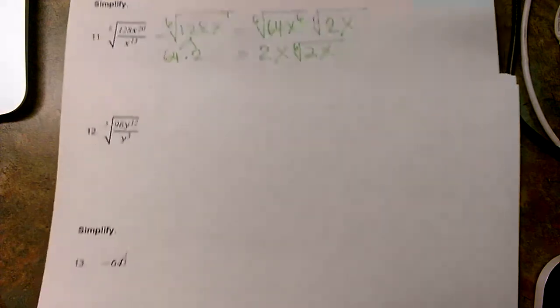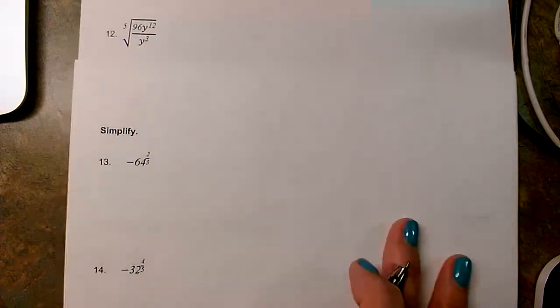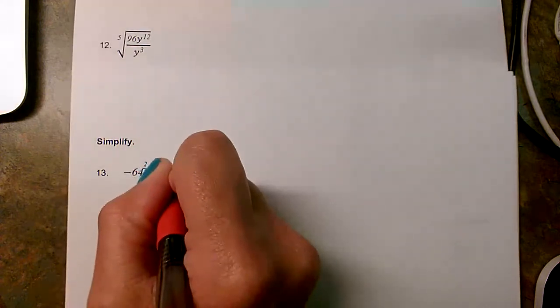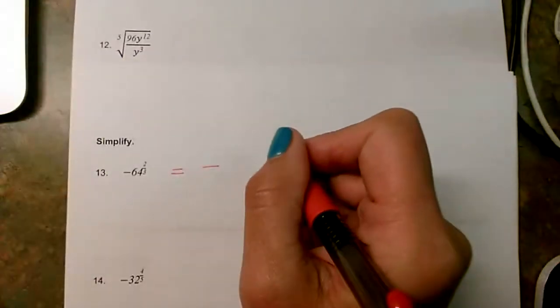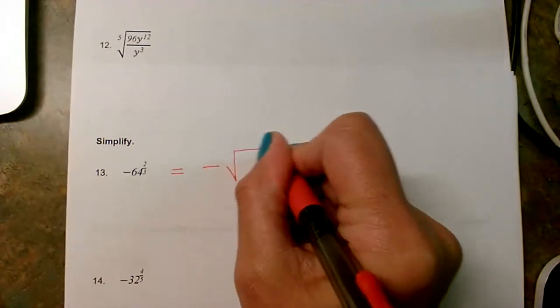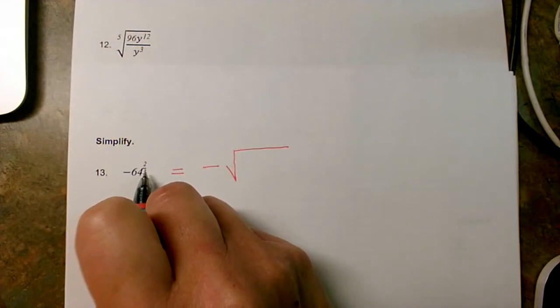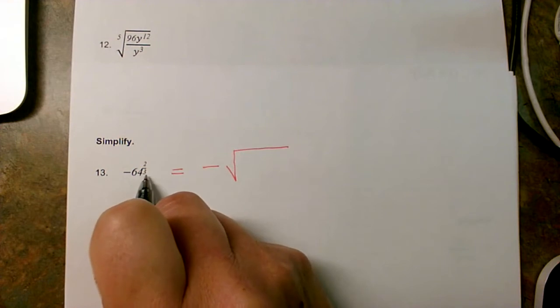Now, let's do 13. It says simplified. So this is outside. Again, what do we say? This is the index, right?